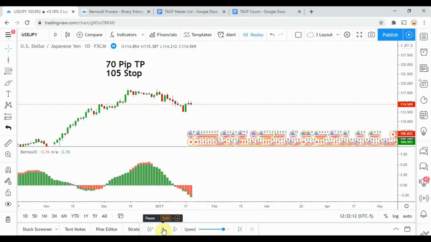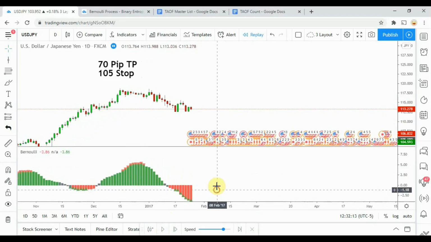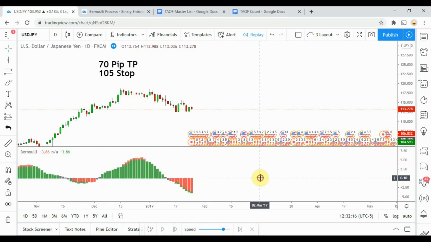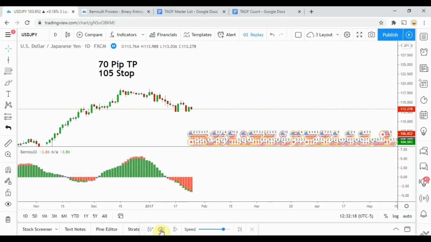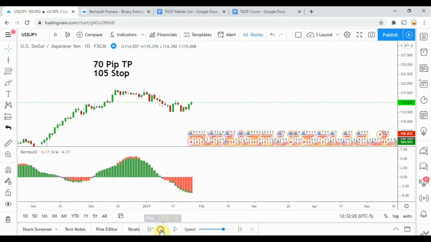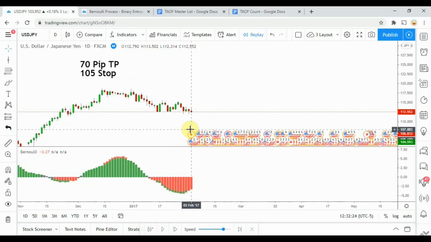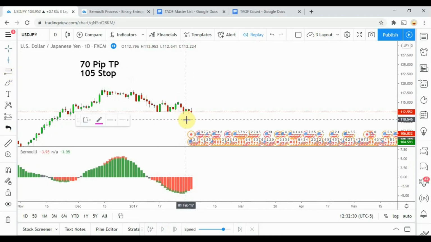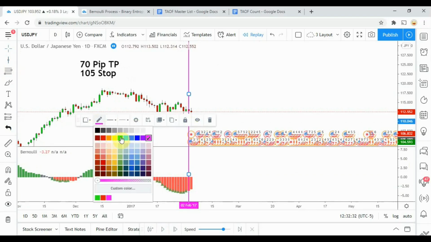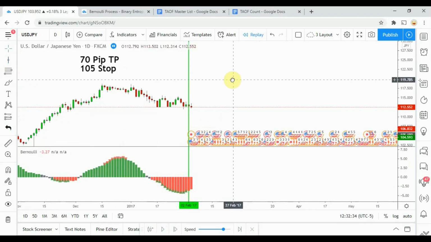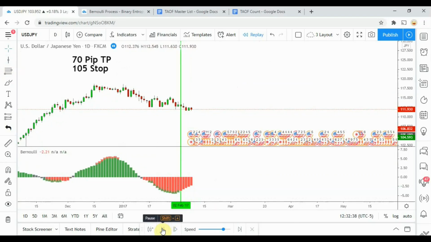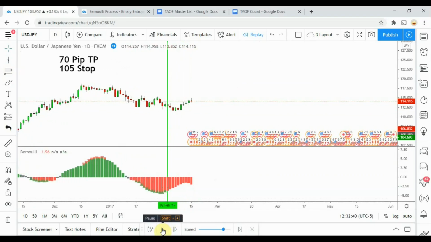All right, so we have some green triangles, some green arrows appearing there on the red histogram bars. And the moment they stop appearing, that would be a signal to go long. So right there, we'll go ahead and play it forward and see what happens.